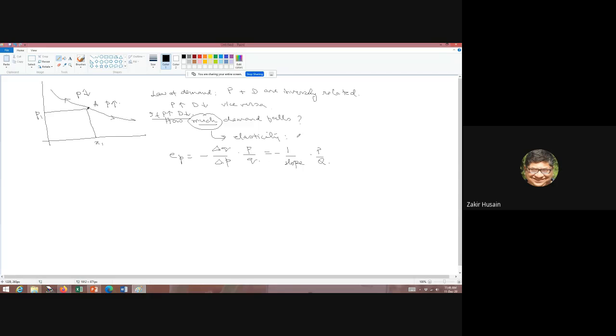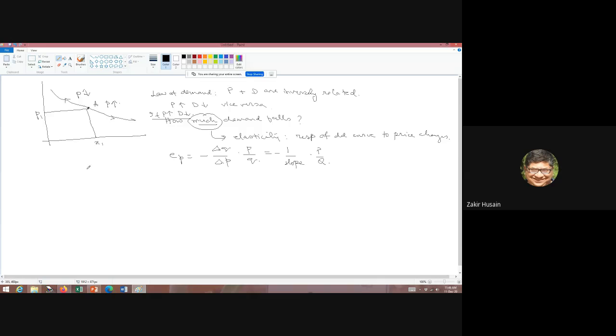So the elasticity is basically a measure of the responsiveness of the demand curve, responsiveness to price changes. We can also think of how much demand changes when income changes. That is called income elasticity. We can also think of responsiveness when price of related goods changes. That is called cross elasticity or cross price elasticity.